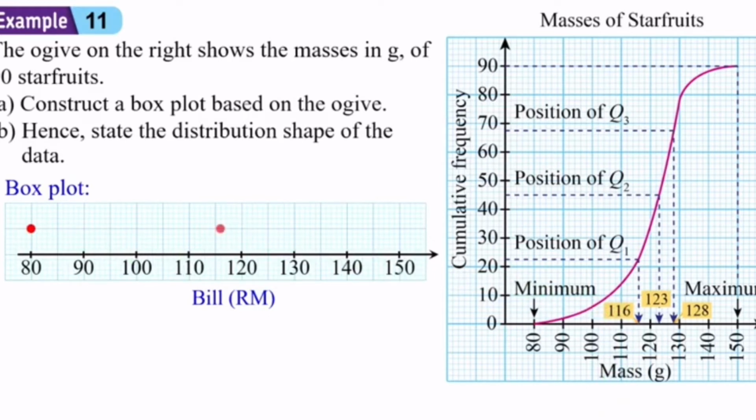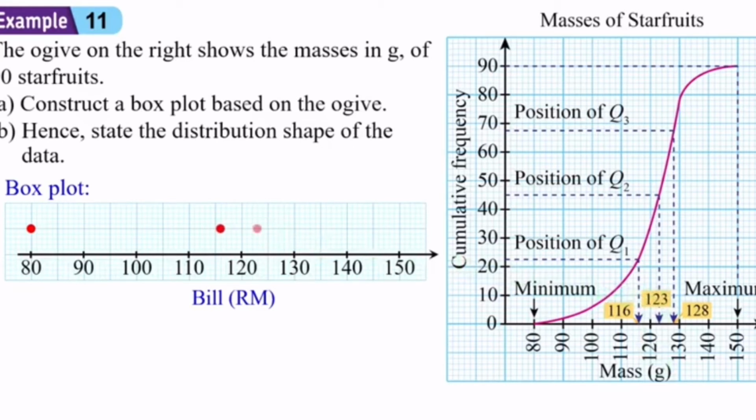116, it must be 6 boxes after 110. Okay, we have labeled Q1. Now we need to label 123, which is 3 boxes after 120, right? Now let's label 123.